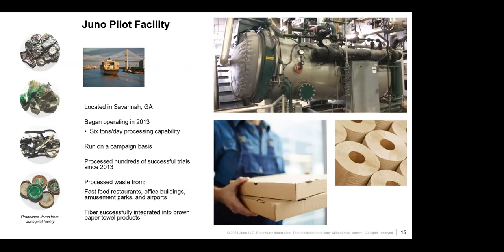And we've produced paper products. It's actually quite fascinating as you look at this trash that's been dumped into the Juno clave and the end products that they're able to produce. You've got a clean sheet of paper that can be produced off the back end once it goes through the paper making process.